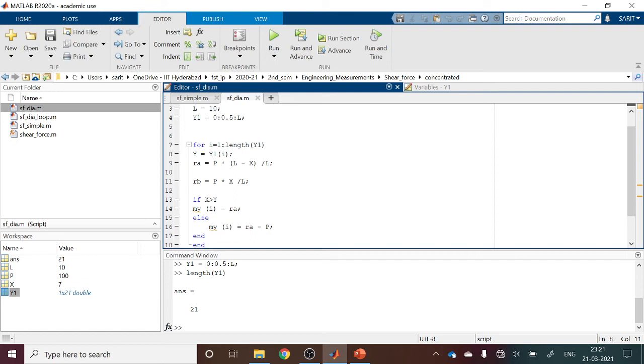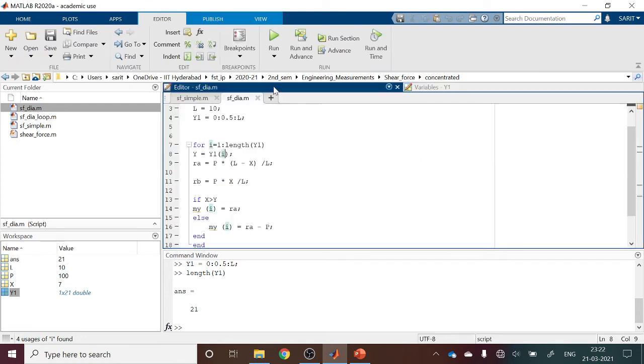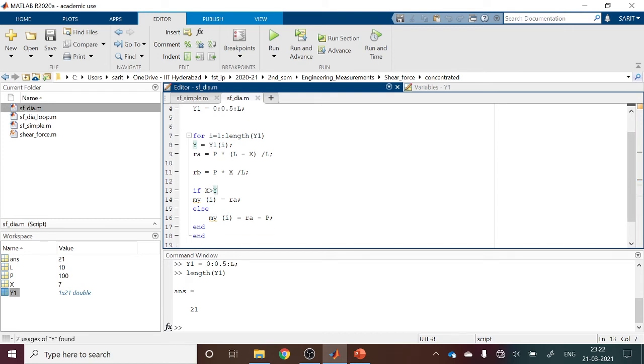Now at the first instant, when the loop begins, the i value is 1, so the y value will be yi of 1, which is 0. It will compute RA and RB, and with the condition I wrote in the last slide, if x is greater than y, then this is the shear force; in the other case, this is the shear force.